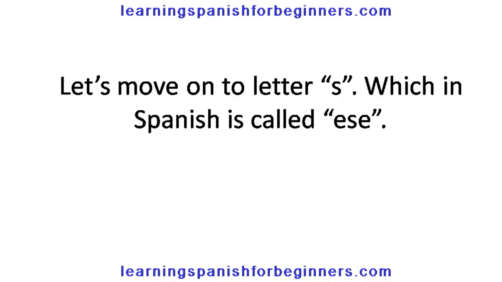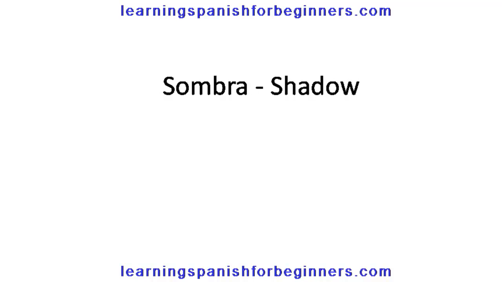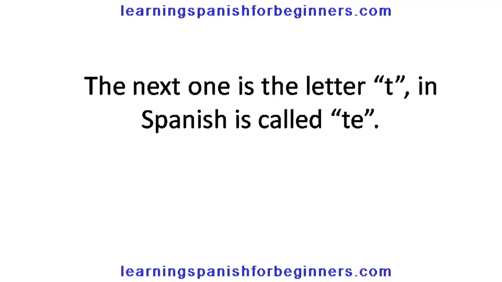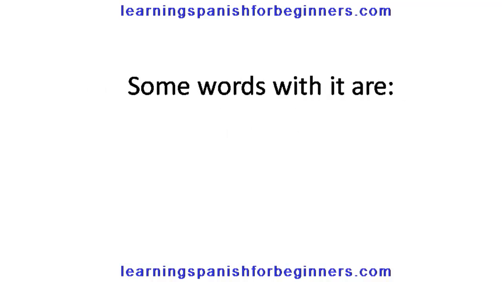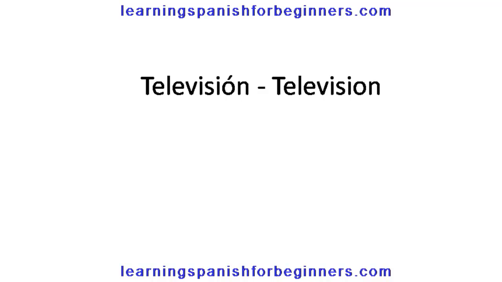Let's move on to letter S, which in Spanish is called ese. A few examples with it are sombra, shadow. Simple, simple. Sí, yes. The next one is the letter T. In Spanish is called te. Some words with it are tomate, tomato. Tener, to have. Televisión, television.